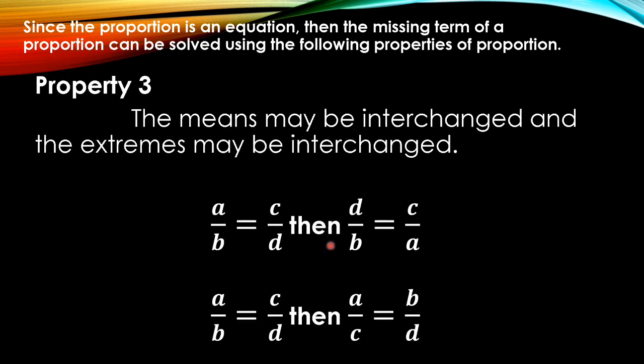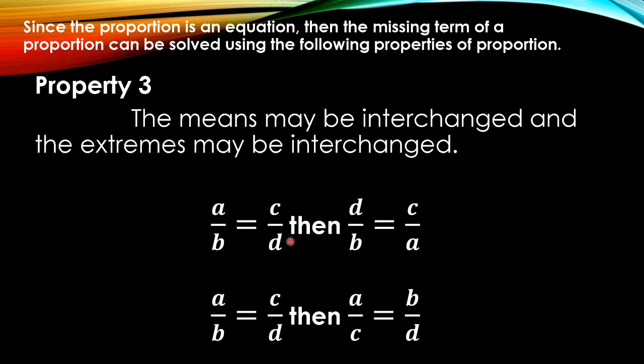Property number 3, the means may be interchanged and the extremes may be interchanged. So, dito sa property number 3, pagpapalitin lang natin ang pwesto ng dalawang means at saka dalawang extremes. So, dito sa unang example natin, ang pinagpalit natin ay, makita ninyo, yung means.